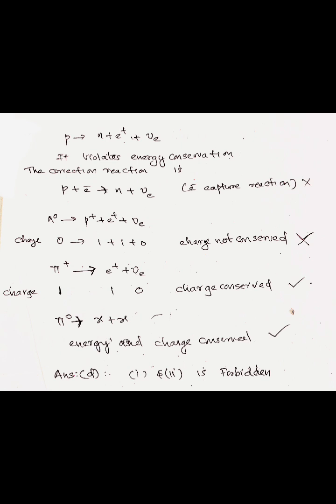So the reaction 3 is allowed. And moving to the fourth reaction, that is pi 0 gives gamma plus gamma. In this reaction, energy and charge are also conserved. So we can say that the first and the second reactions are forbidden. So the answer is option D.